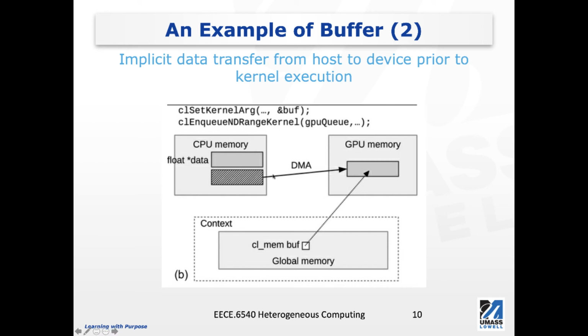Only at this runtime will OpenCL perform a DMA, direct memory access operation, to copy the actual data from the host memory to the device memory on the GPU side. After that is done, the GPU kernel will start reading the data from this GPU memory. So the point is that the data transfer is implicit, from the host to the device, prior to the kernel execution.